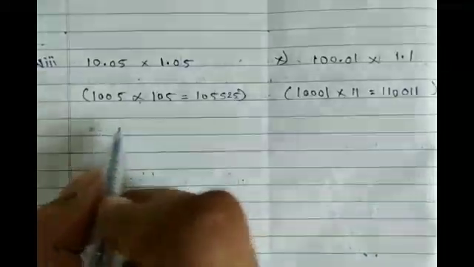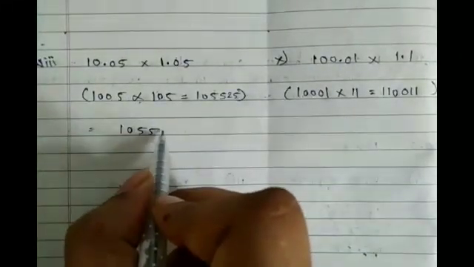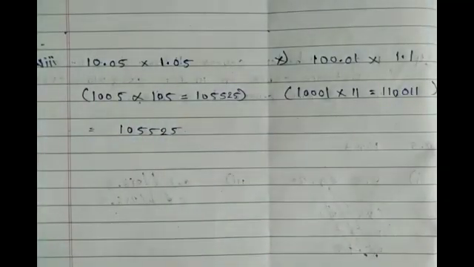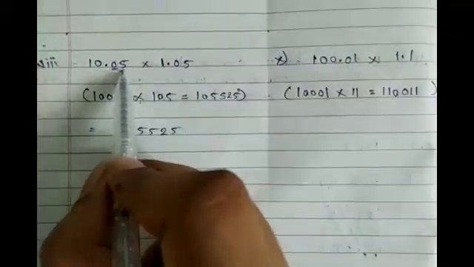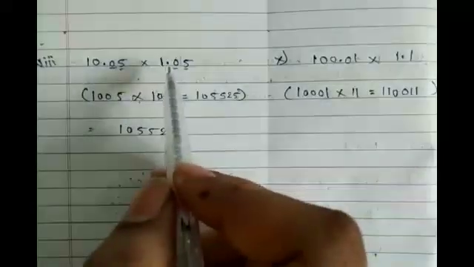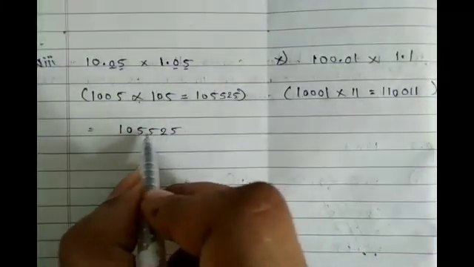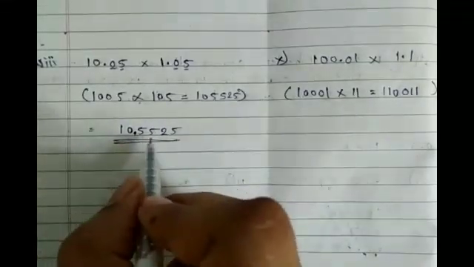So we write here the answer as it is, 105525. Now count the digits after the decimal, 1, 2, 3, 4. There are four digits after the decimal in the question, so we require four digits after the decimal in the answer also. 1, 2, 3, 4. So we put the decimal right over here. This is our answer, 10.5525.